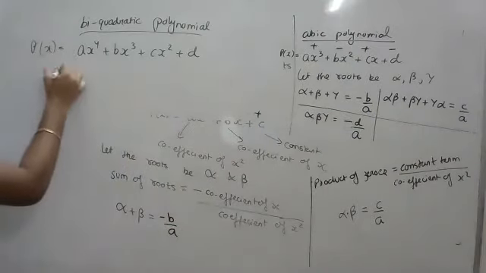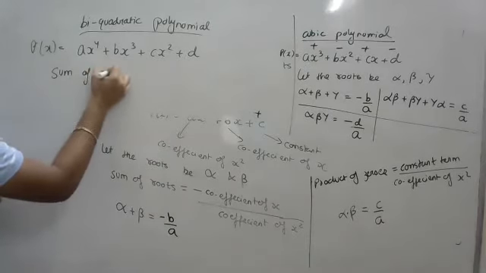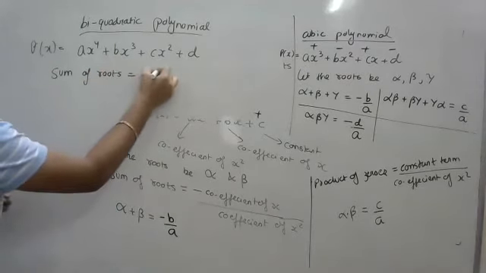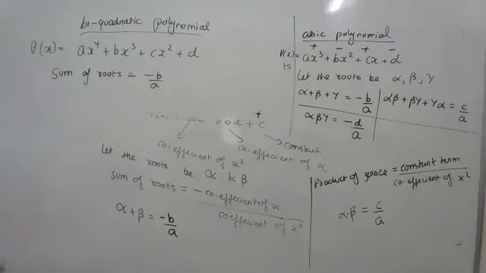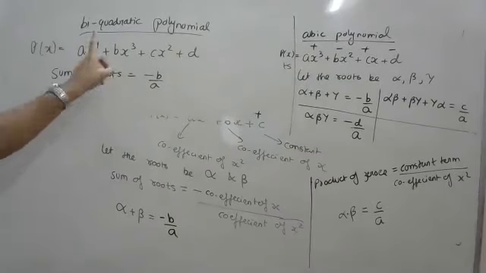One, the sum of roots. The sum of roots is always minus b by a: minus the second term upon the coefficient of the first term.